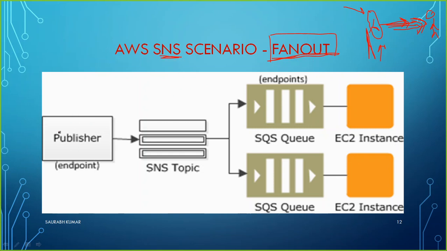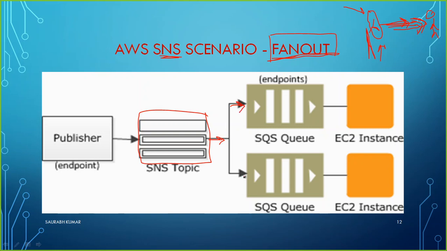Whatever publisher, object, or service generates a notification, generally we create an SNS topic. The notification comes as part of the SNS topic, and in that topic we add the subscriber, and according to that subscriber it will be pushed to the endpoint.